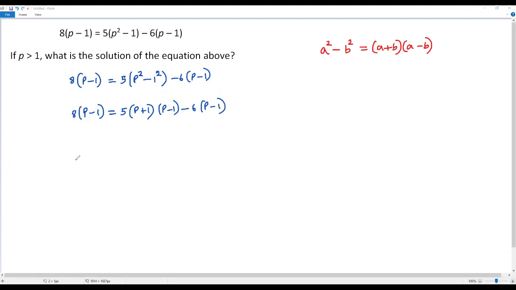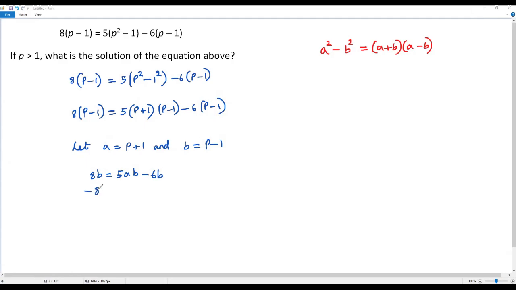Okay, now let me assign two new variables for p + 1 and p − 1. That is, let a = p + 1 and b = p − 1. Now I can plug in a for p + 1 and b for p − 1. Then I'm getting 8b = 5ab − 6b.